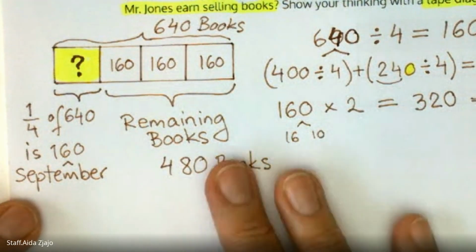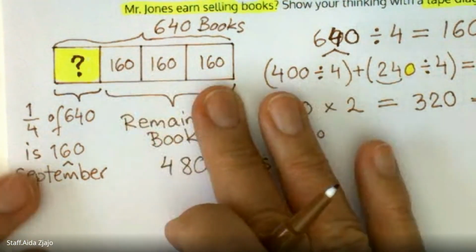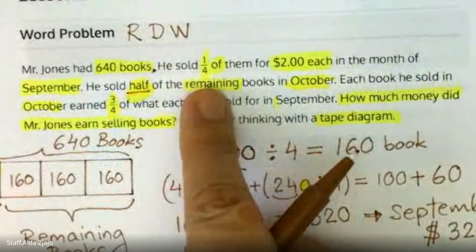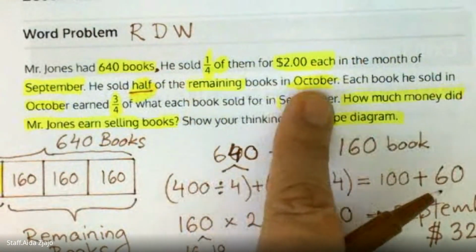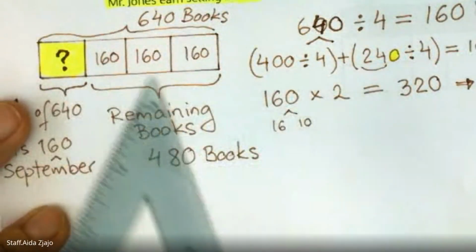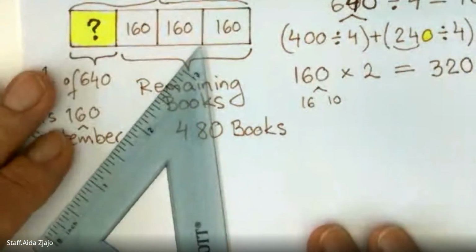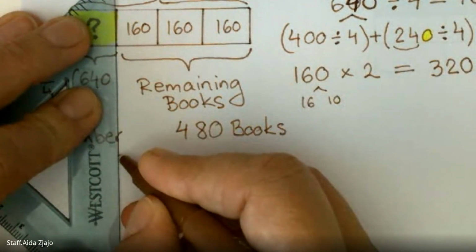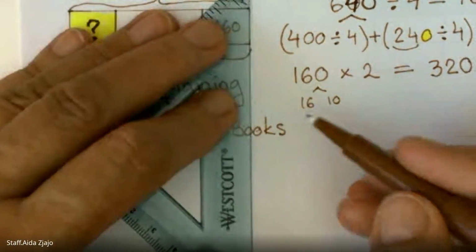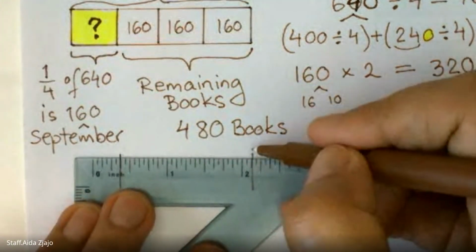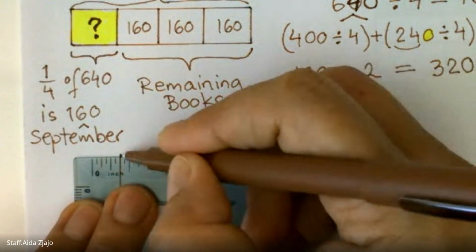Now that we know how much is remaining, the story says he sold half of the remaining books in October. To represent that, let's say this is the remaining part, 480 books.